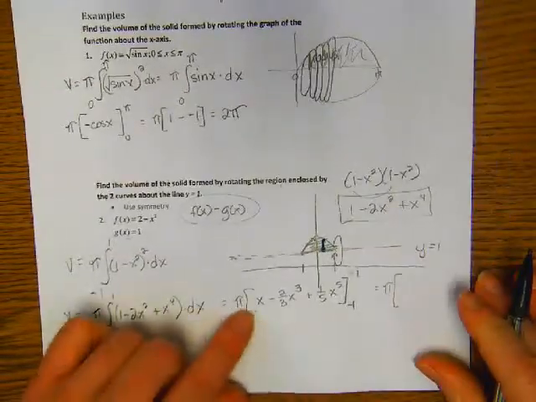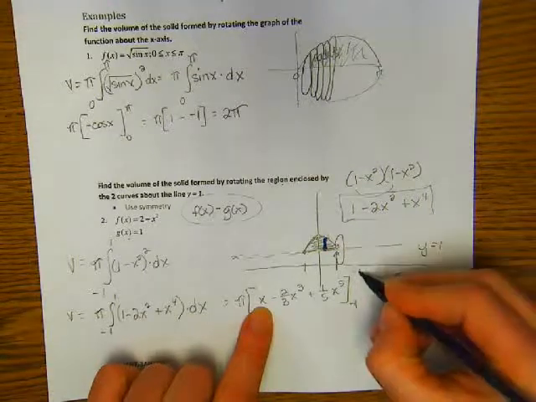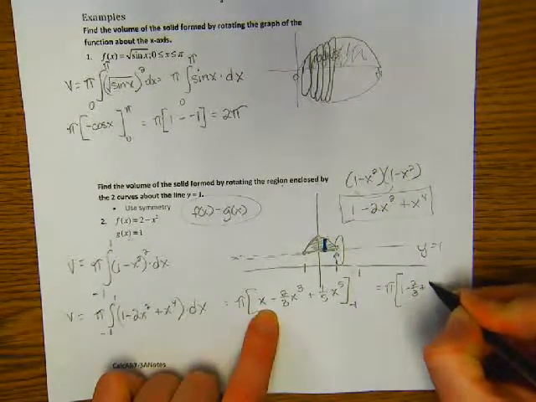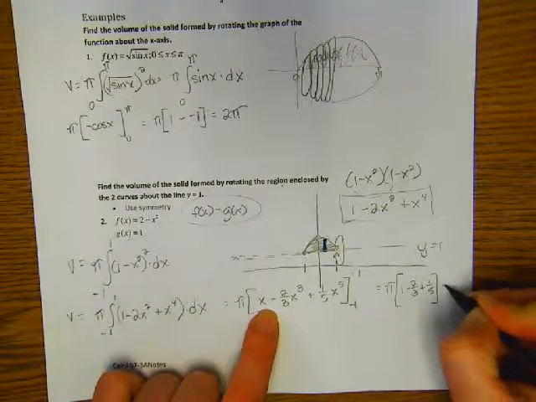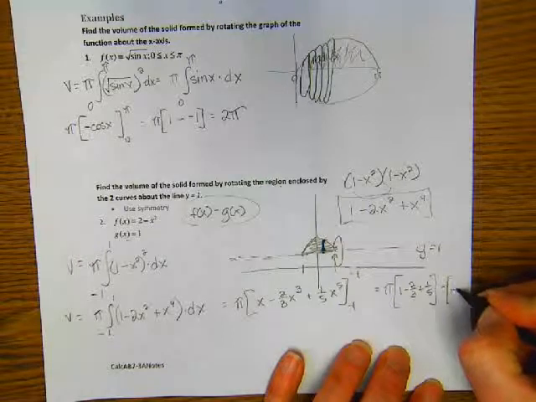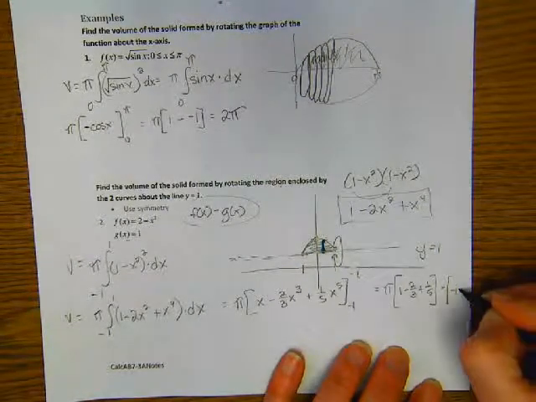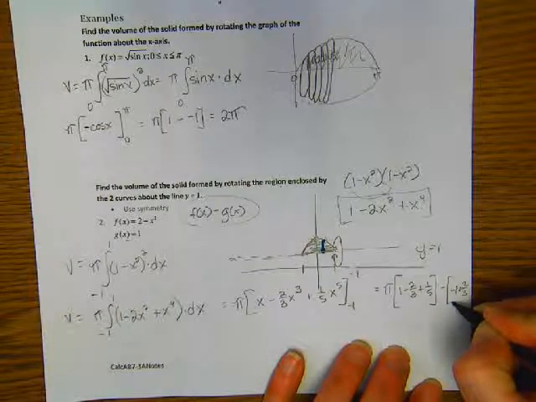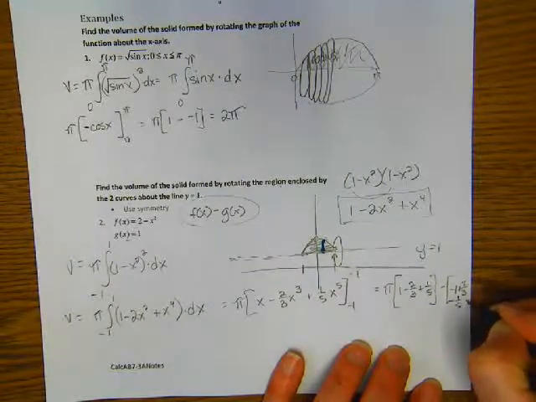Yep. Alright. So I put 1 in. 1 minus 2/3 plus 1/5, correct? Minus -1 plus 2/3 minus 1/5.